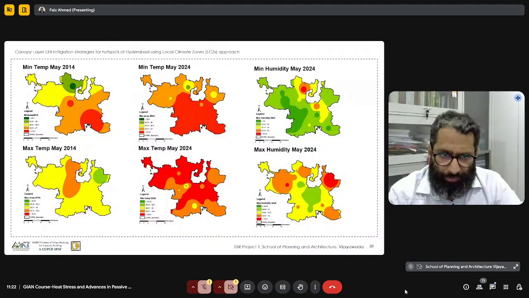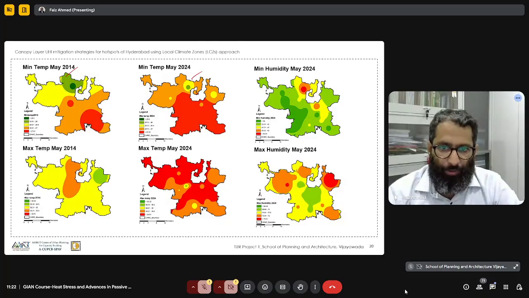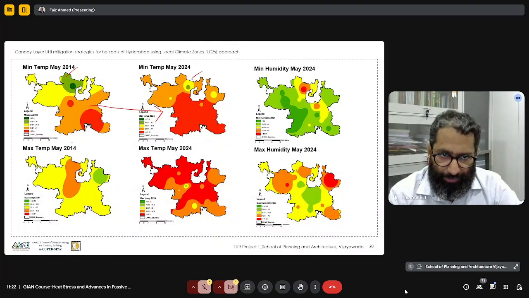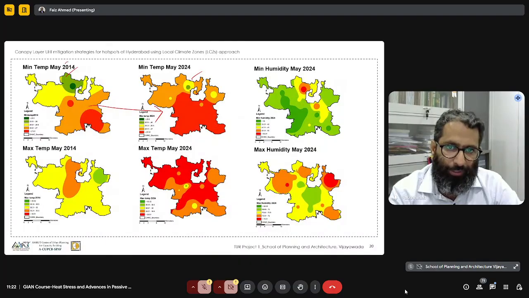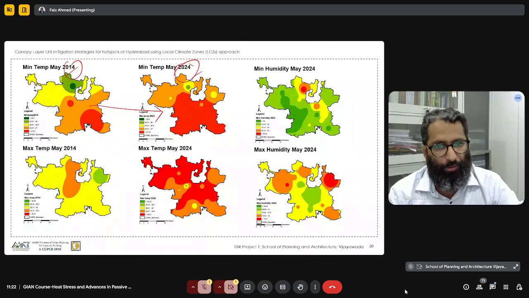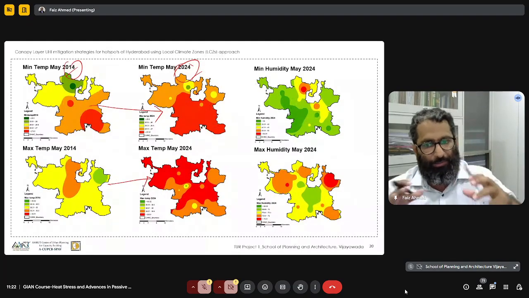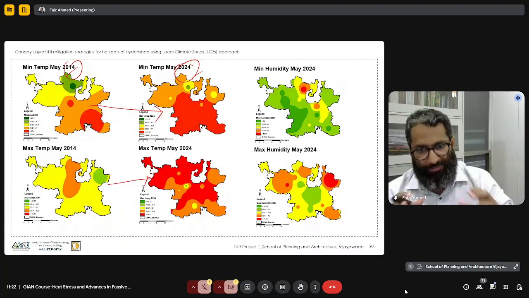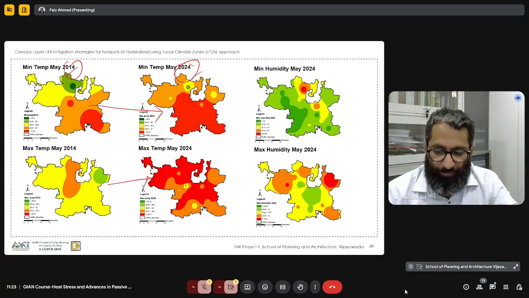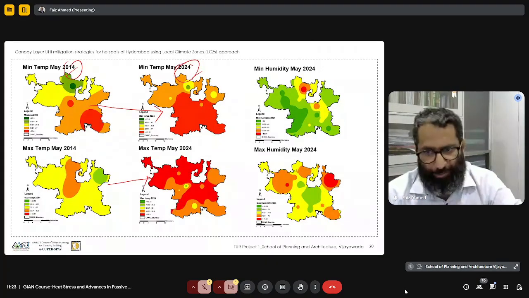Some data that I have just plotted here, 2014-24. What is the variation in the temperature for the same day in 2014 and for the same day in 2024? So how the concentration of these islands is changing, especially in a decadal time.